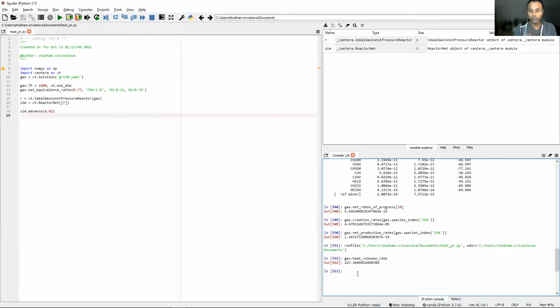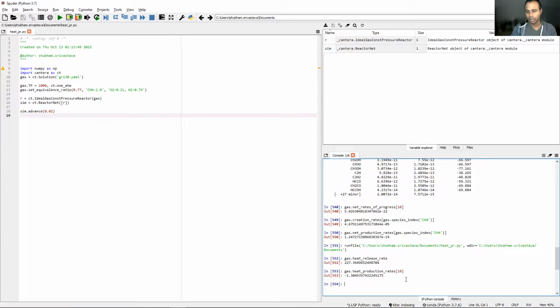If you have to look at the heat released in an individual reaction, so again, let's take up reaction number 11, then there's another function called heat production rates. So gas.heat_production_rates, and then we assign the reaction number.